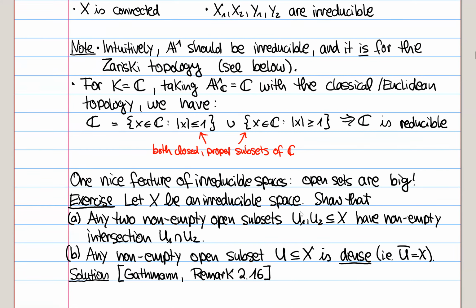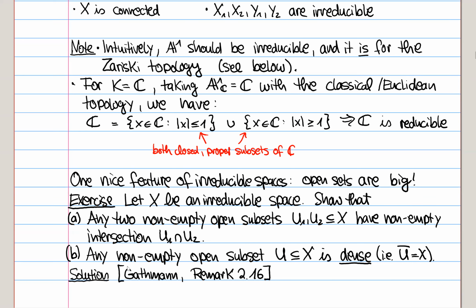If X is an irreducible topological space, you can show that any two non-empty open subsets have non-empty intersection, which is certainly not true for something like C. If you take two open balls which are far apart, they have empty intersection. But in such irreducible spaces, whenever you have two open subsets which have at least one point, then they also have at least one point in common.